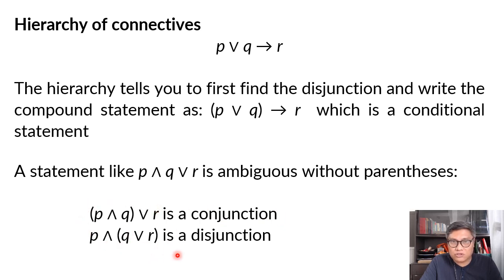Then it could also be the same if you're going to simplify first using the disjunction, your Q or R first, then whatever is the result, then you can connect that to your P with the conjunction. So because the connectives and or the conjunction or the disjunctions are equals in hierarchy, you can simplify first your conjunction or you can simplify first your disjunction.